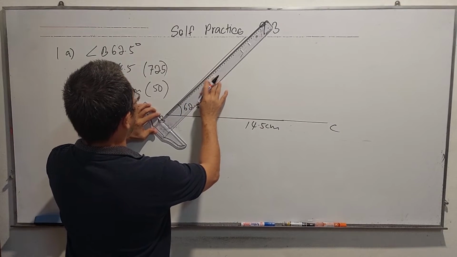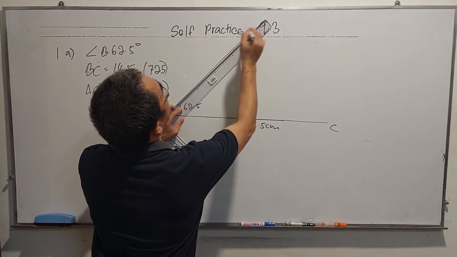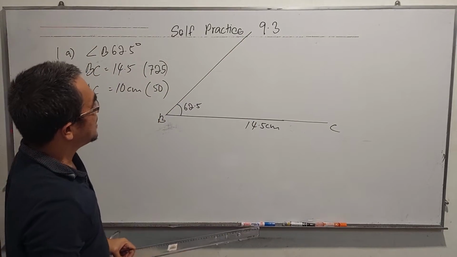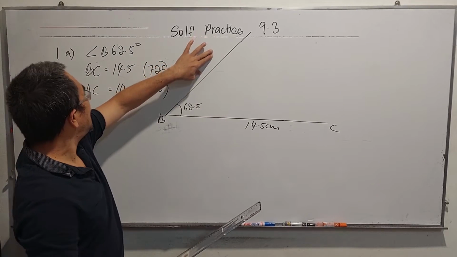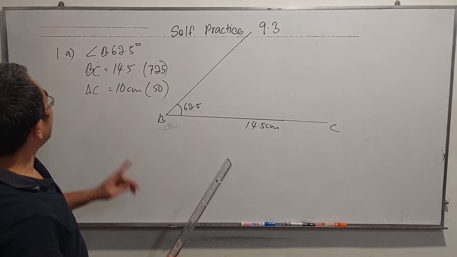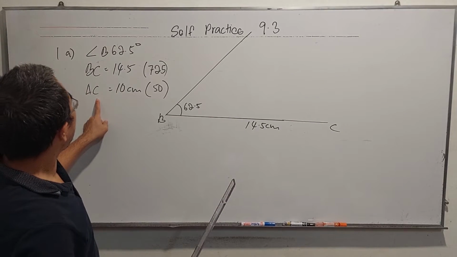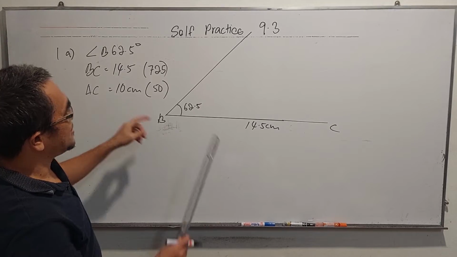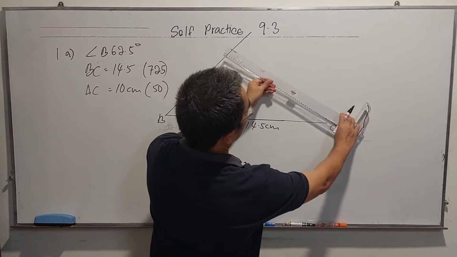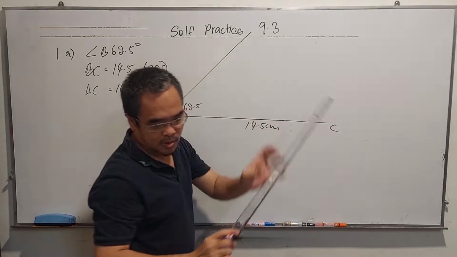Make sure that is according to the measurement. 50. Okay, 50 like that. The length here is not stated, but the length for AC is 10. So 50.